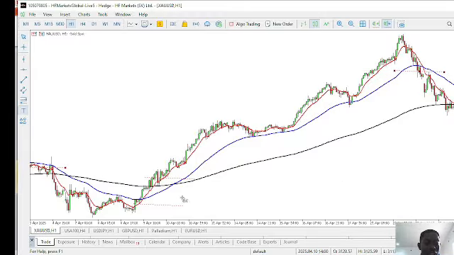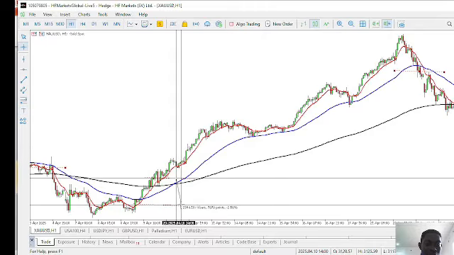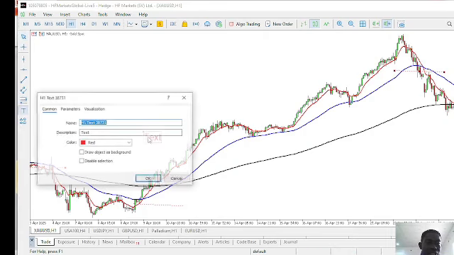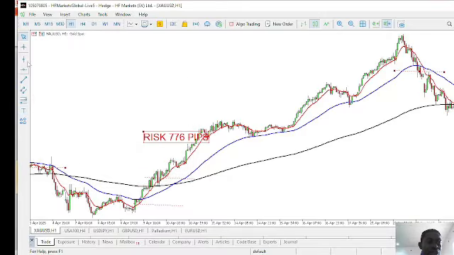And you can calculate that. Okay, let's do that calculation again. How many pips is that? I'm risking 776 pips. 776 pips is the risk. And then you see my target.